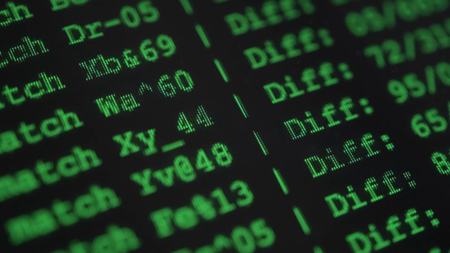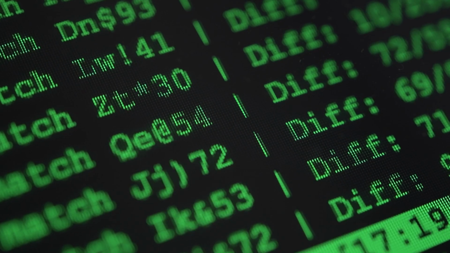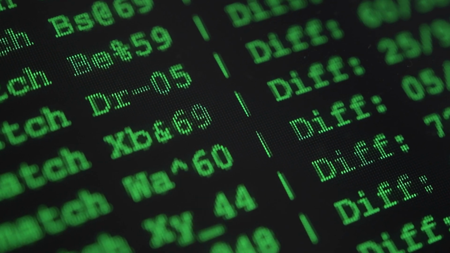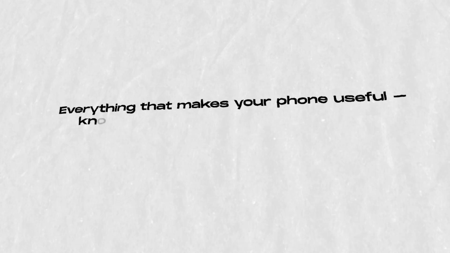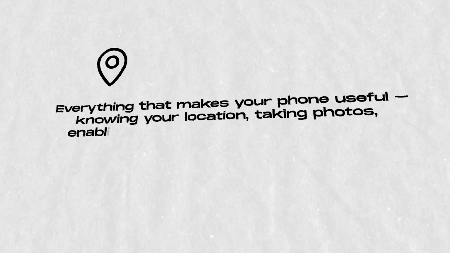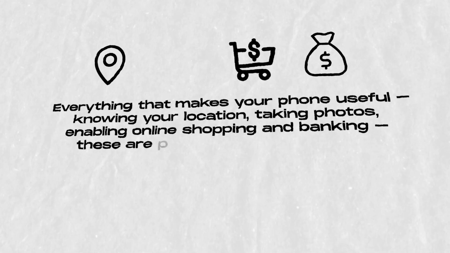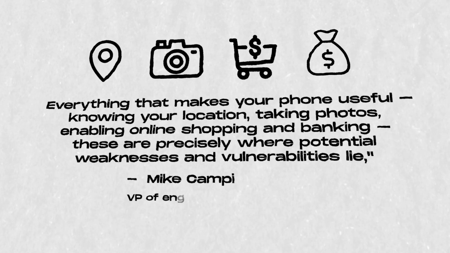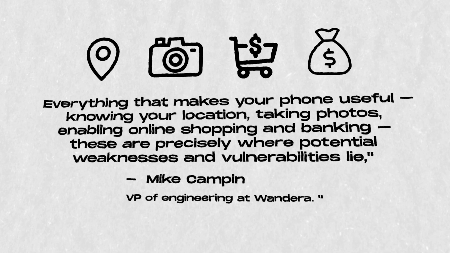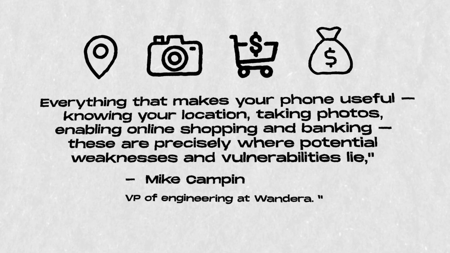This vast amount of trackable data is how companies like Facebook can serve you targeted ads that sometimes seem eerily accurate. Everything that makes your phone useful, knowing your location, taking photos, enabling online shopping and banking, these are precisely where potential weaknesses and vulnerabilities lie, says Mike Camping, VP of Engineering at Wandera.